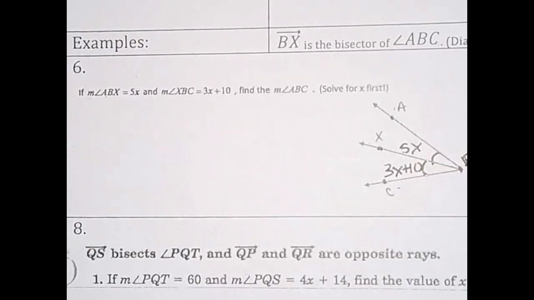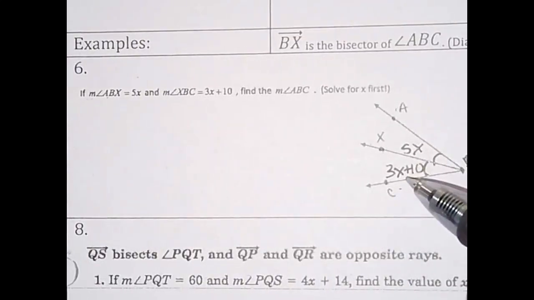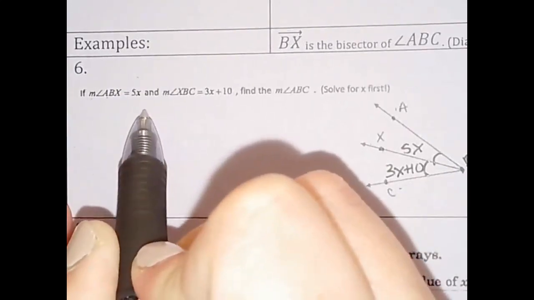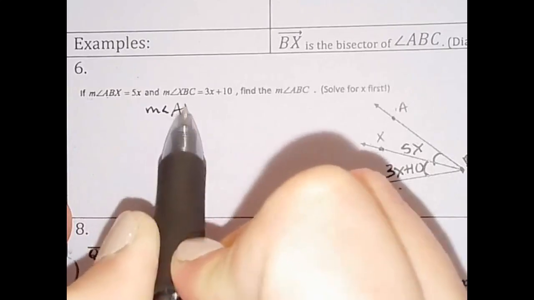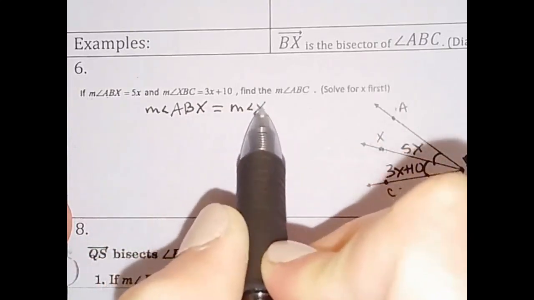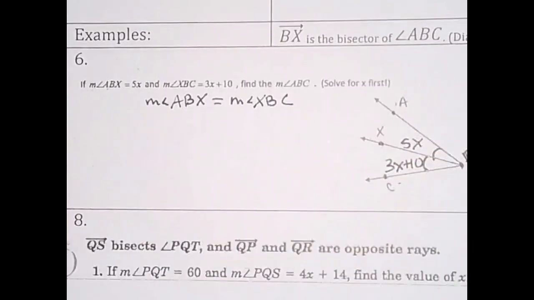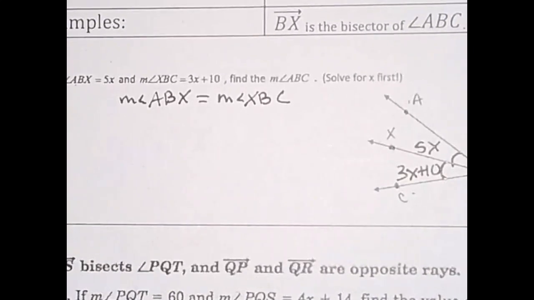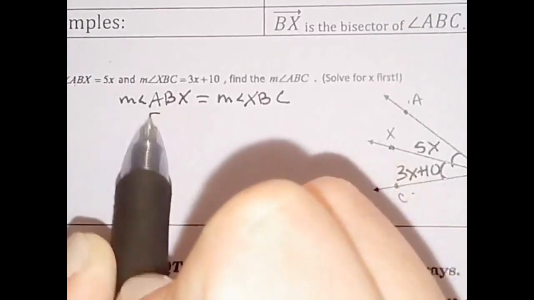Just for the sake of looking back at your notes, write this out. Let's write the measurement of angle ABX is equal to the measurement of angle XBC. Kind of like what we did last class. I'll only make you write that once today. And then we're going to plug in just what Hannah said. ABX is 5x equals XBC is 3x plus 10.